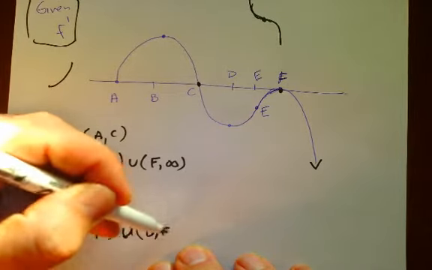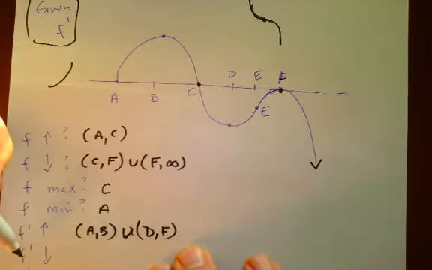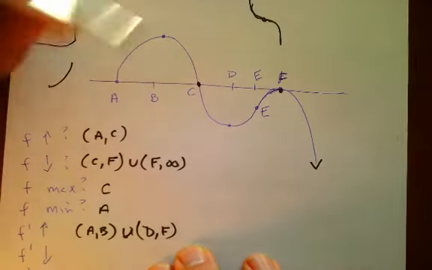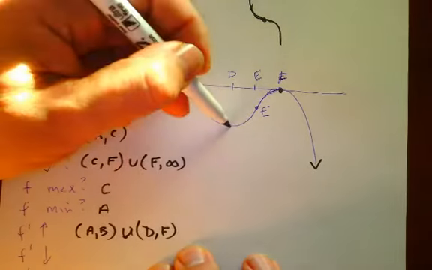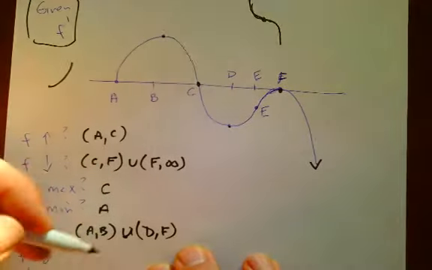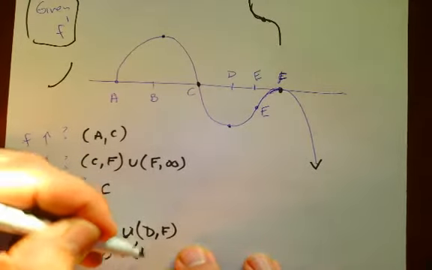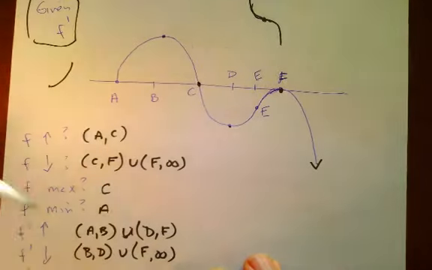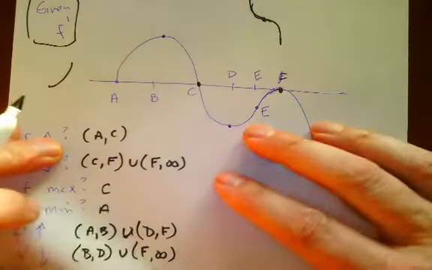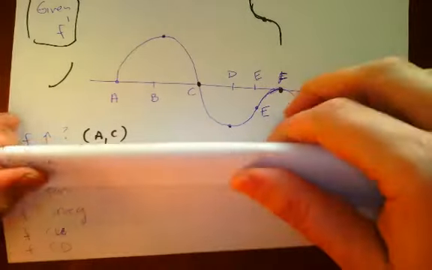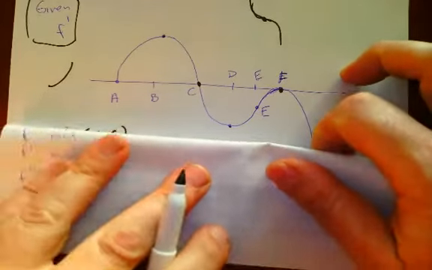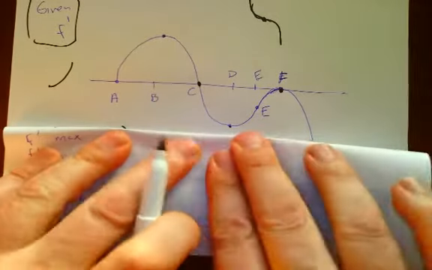Oh, increasing from D to F. Union D to F. And when is this function decreasing? Well, this function is decreasing from B to D and from F on. So B to D, union F to infinity.